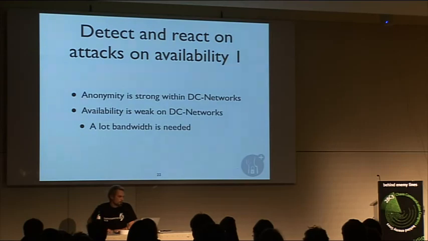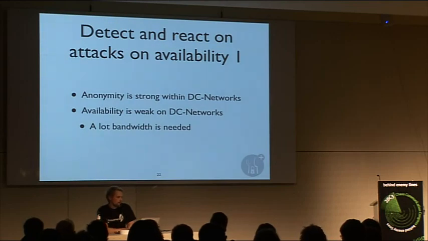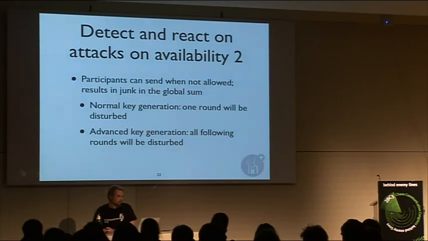The other attack, next to attacks on anonymity, is the attack on availability. We have already seen that the anonymity is very strong within DC networks, but the availability is quite weak. Not only do we use a lot of bandwidth to exchange just one message, but participants can also send when they are normally not allowed.